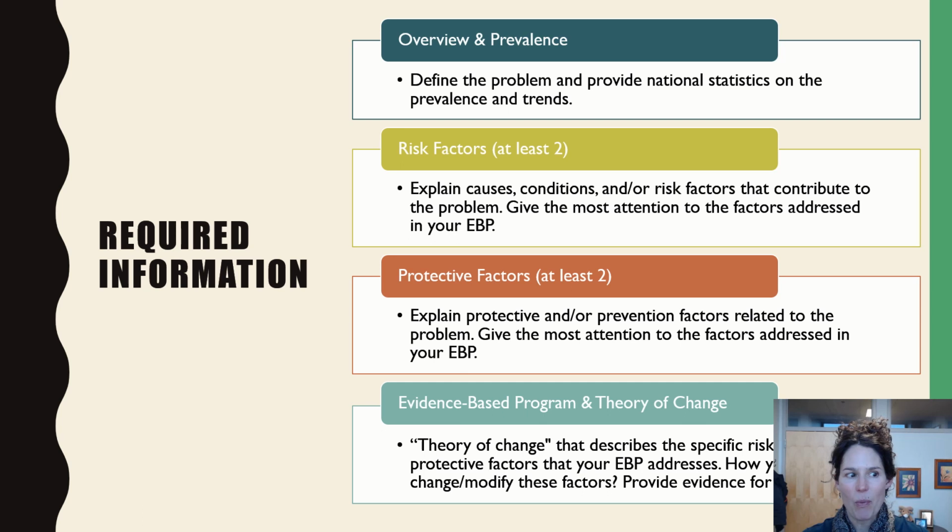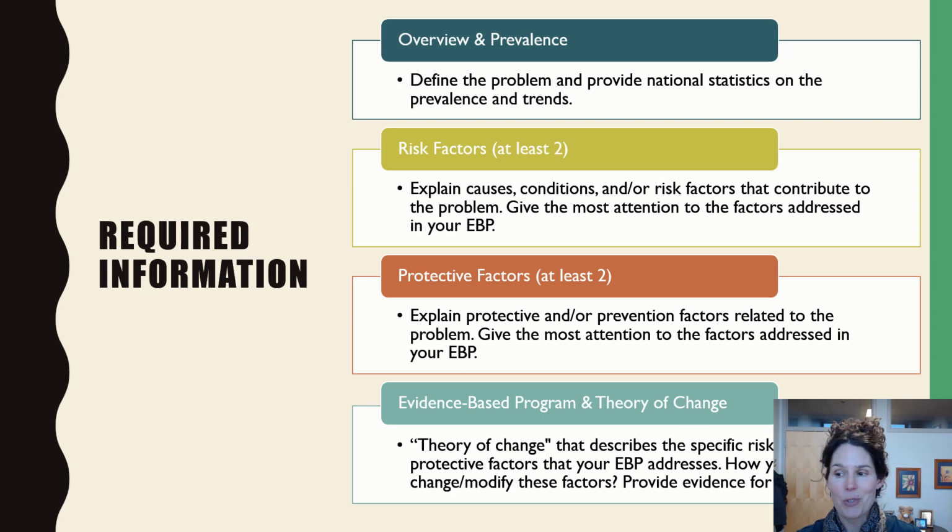All right, here's the required information in the problem statement. First, you're going to have an overview of the problem and the population that you're serving and some national stats on the prevalence and trends. Then you're going to go into risk factors that contribute to the problem, keeping in mind the ones that your EBP focuses on.